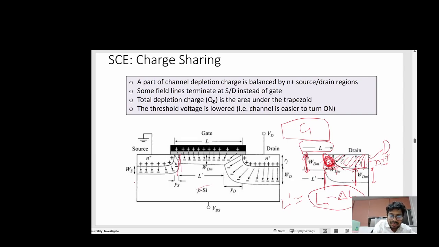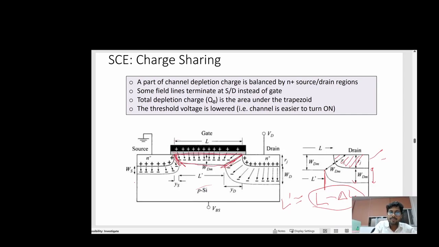It starts from here till here, whereas initially it was from this to this. This is the channel. If you see this, this charge is forming sort of a trapezoid.